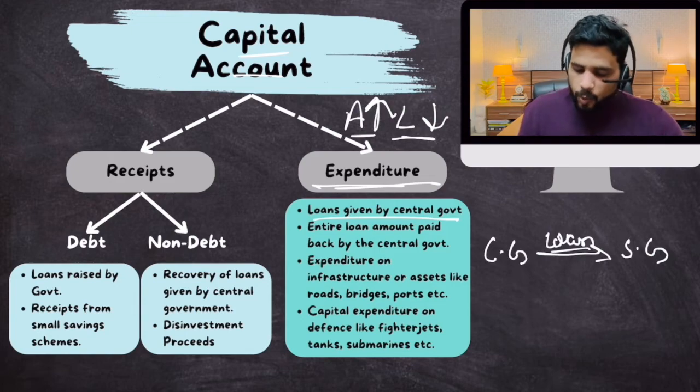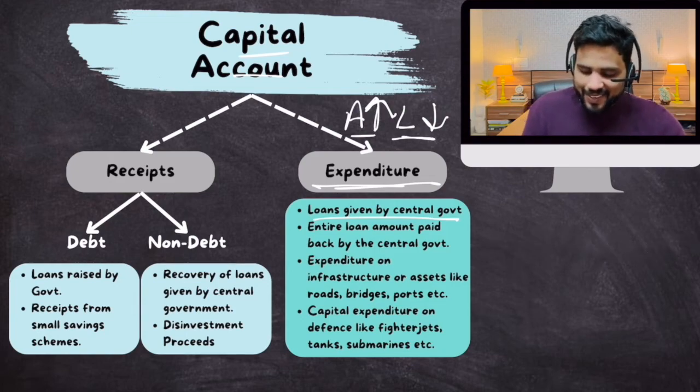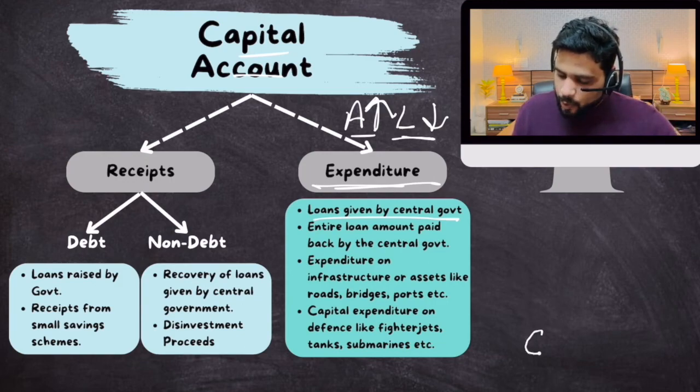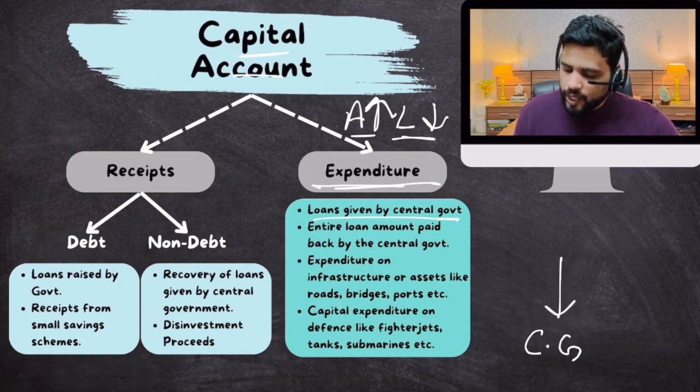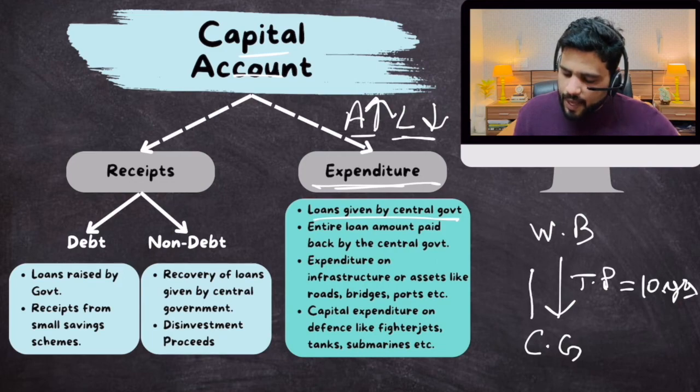Now we'll come to that World Bank example. Let's suppose central government received few years back a loan from World Bank. Time period was 10 years. Every year the government was paying back interest. That interest is revenue expenditure.